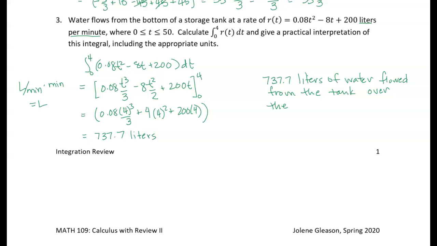We integrated from 0 to 4. So it flowed over the first four minutes, right? From 0 to 4 is the first 4 minutes. Okay, so there's an interpretation of what that integral means.